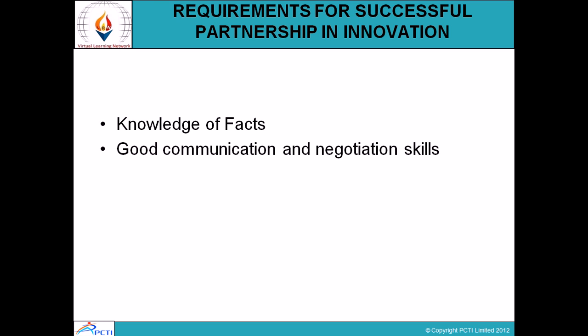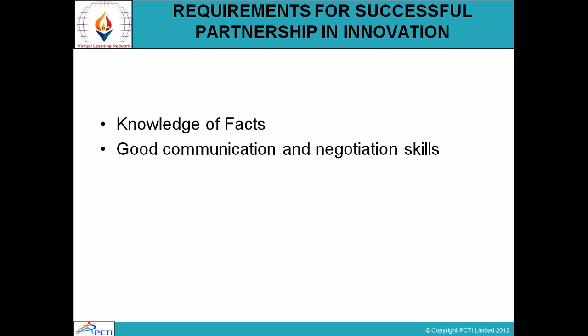Requirements for the successful partnership in innovation are knowledge of facts, and innovation is a byproduct of knowledge. So the first requirement for a successful partnership is that the concerned person should have proper knowledge of the facts and figures. Then this knowledge should be communicated with the help of good communication and negotiation skills.